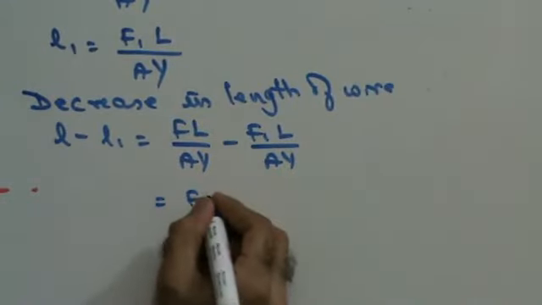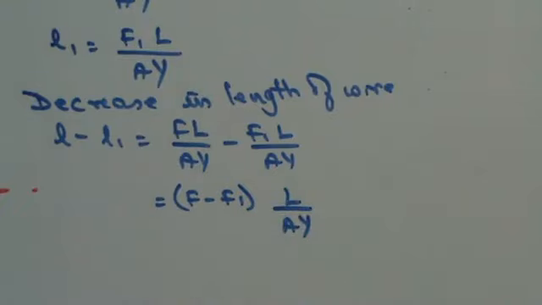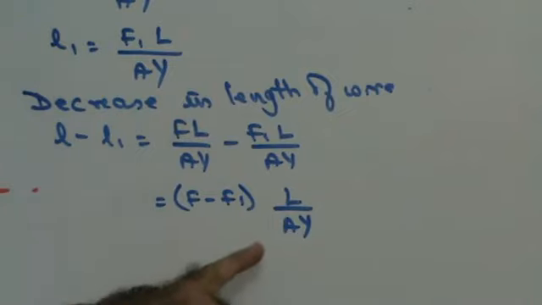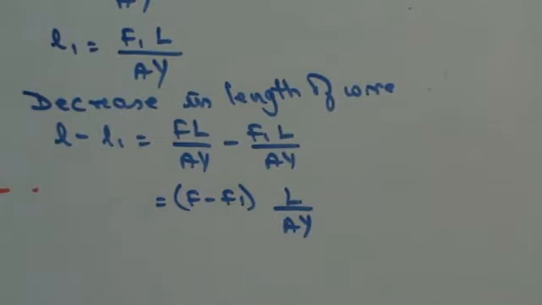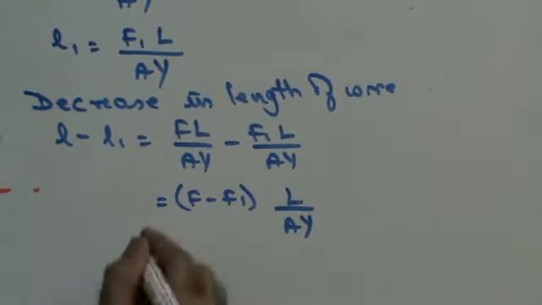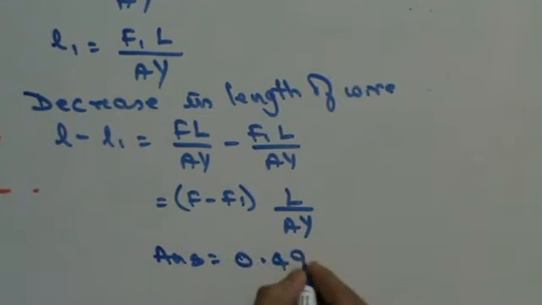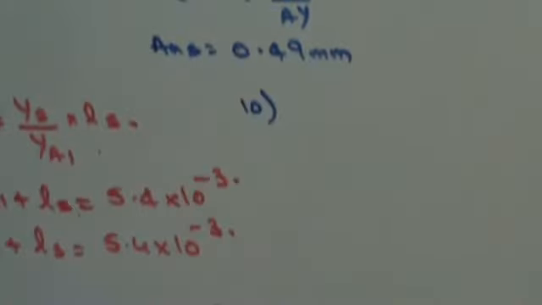So this is nothing but (F minus F1) L upon AY, right? Out of which I know the value of F minus F1, L is given to me, A is given to me, Y is given to me. I'll come to know how much is the decrease in the length of the wire. You should get the answer for this sum as 0.49 millimeters, right? Take down next sum please.